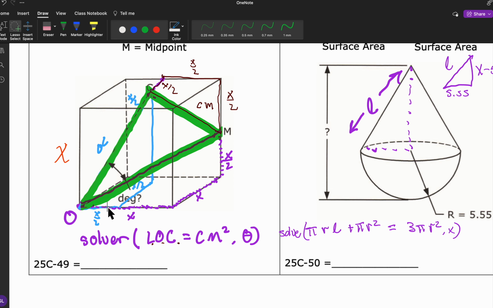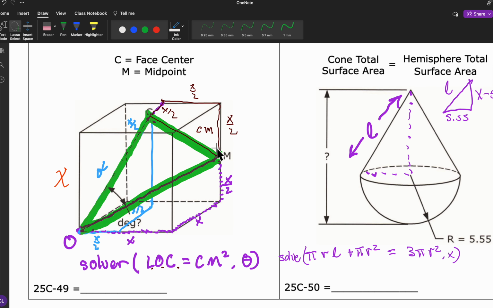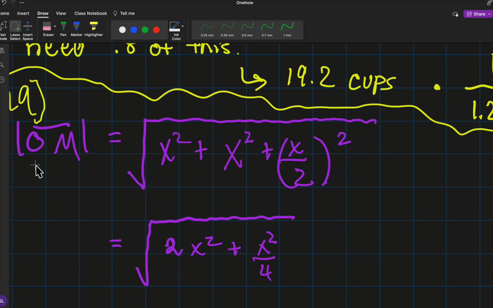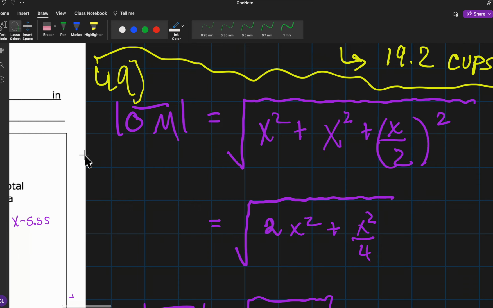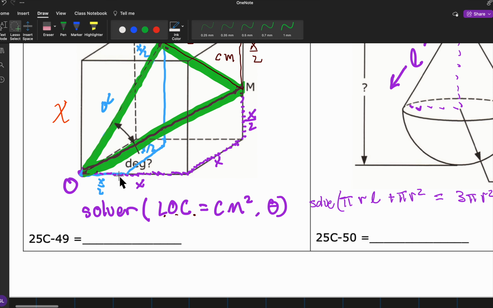The challenge is, how do you write these segments? Well, you have to use the super Pythagorean theorem, the 3D dimension version of this. X squared plus y squared plus z squared. And so let's go ahead and take a look over here. For line segment OM, OM is going to be going this distance right here. So this x distance is just the side length of the cube, x.